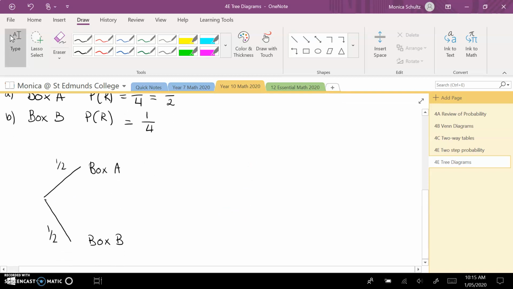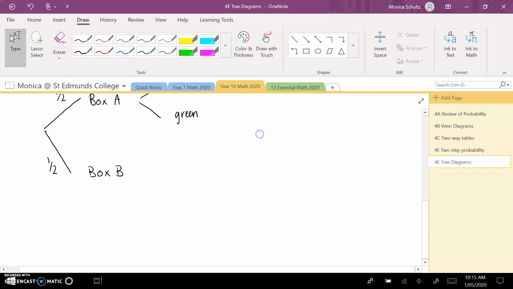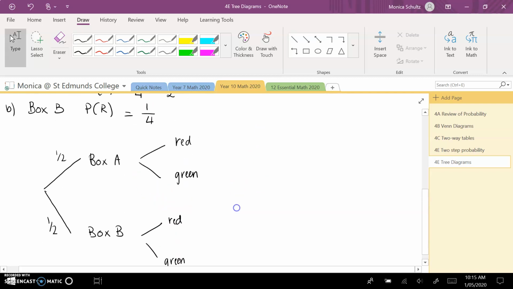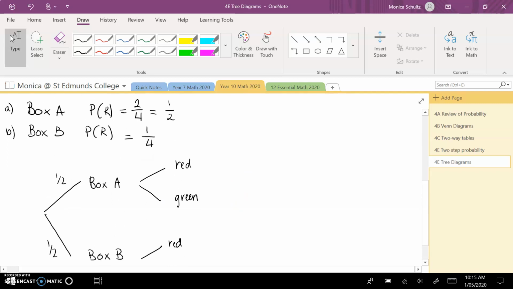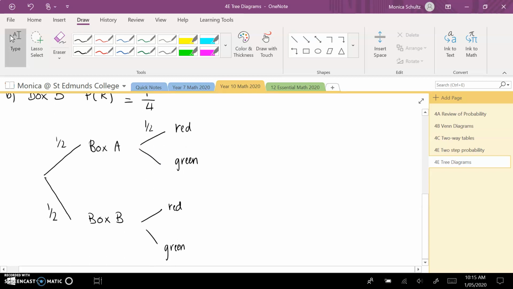Then from box A and from box B, you have your different red or green markers. You can only get a red or a green, and then we have red and green again down here. But the probability of choosing a red or a green is going to be different. For box A, my probability of choosing a red is a half, and choosing a green is half as well.